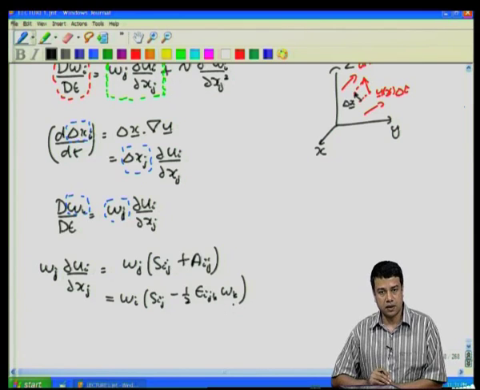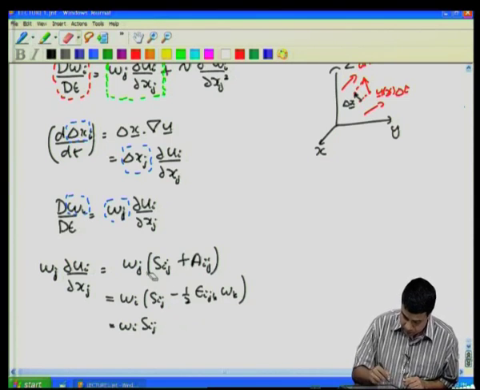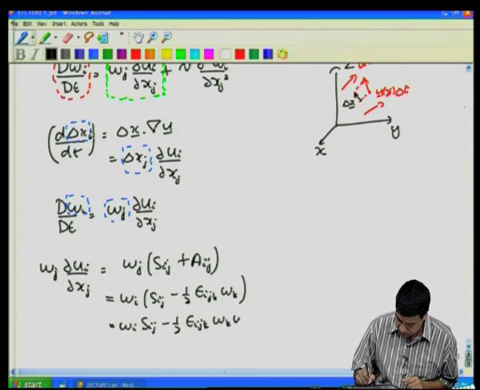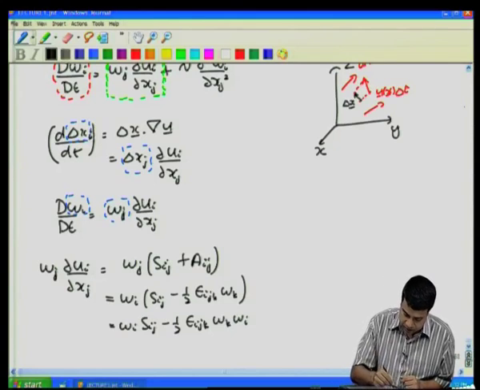There is a relationship between the antisymmetric part and the vorticity vector itself. And this second term, omega j Aij, is equal to minus... I am sorry, this should be omega j.